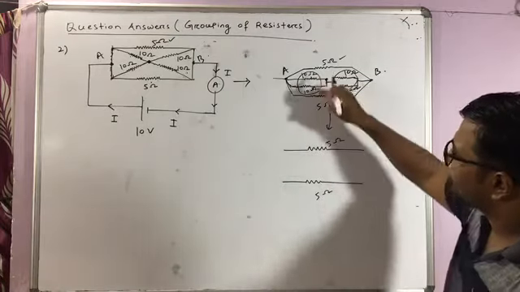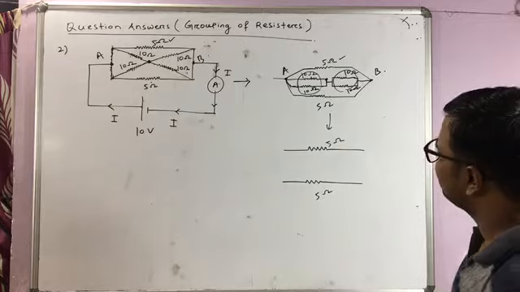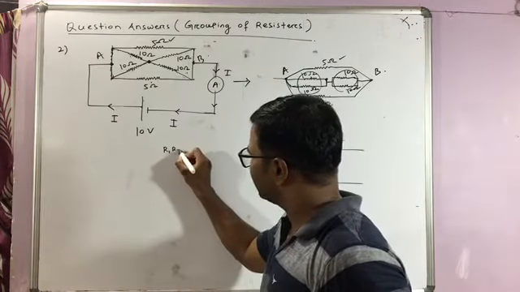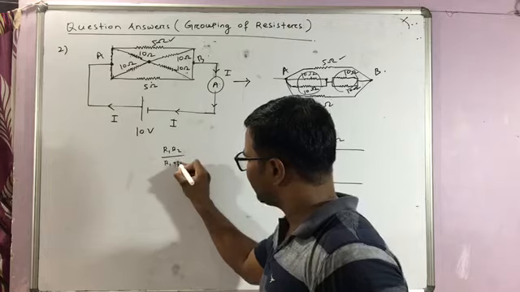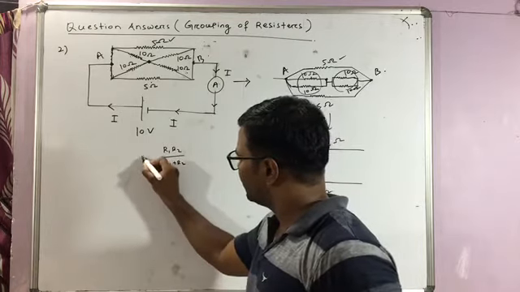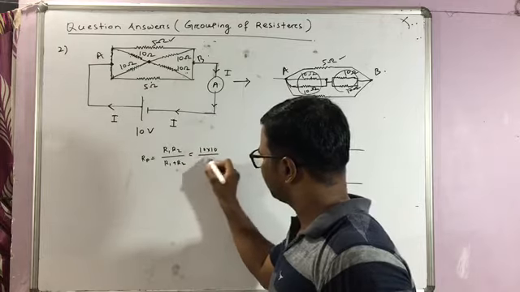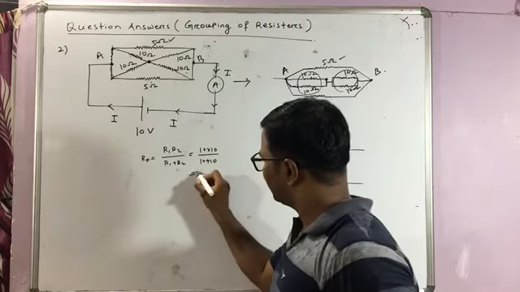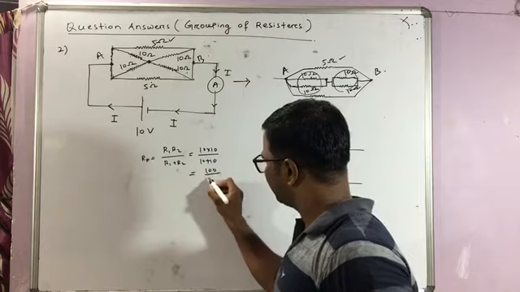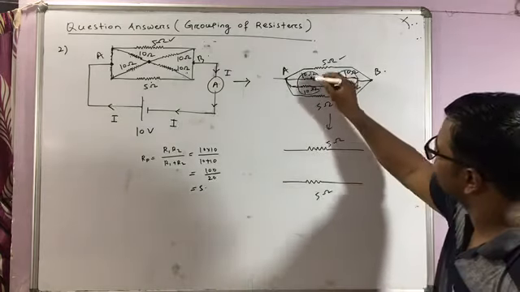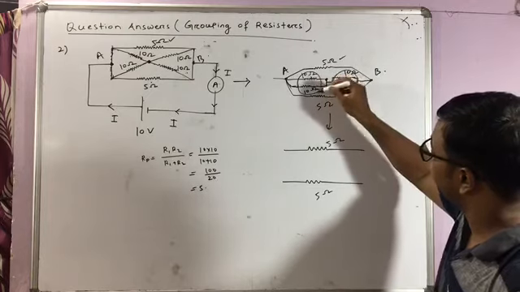Two equal resistances connected in parallel, or you can directly apply the formula R1 R2 by R1 plus R2, your RP, which is 10 into 10 by 10 plus 10, which is 100 by 20, which is 5. So this equivalent is 5 ohm resistance.